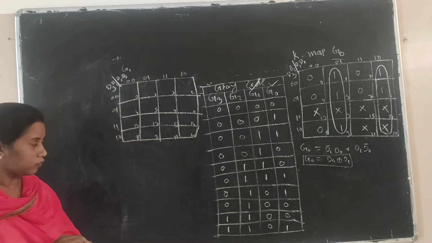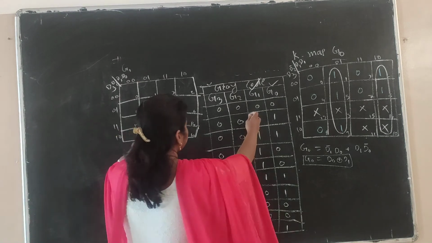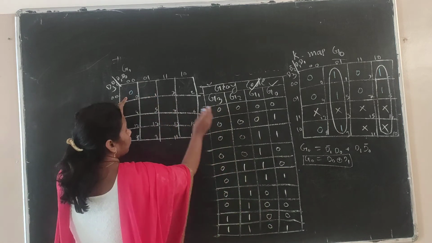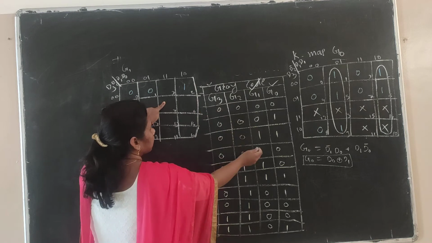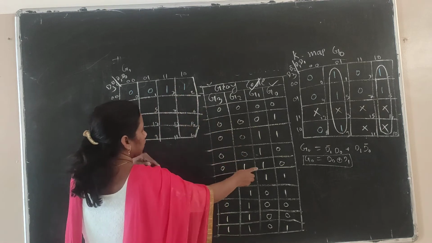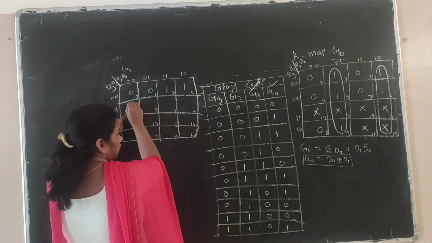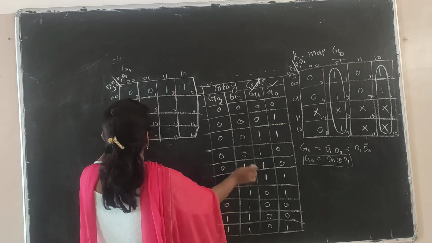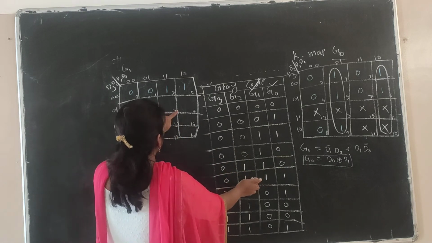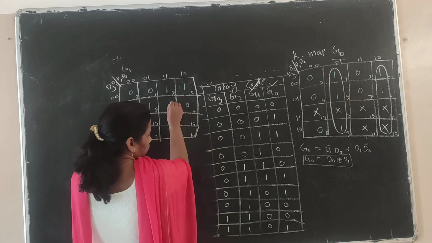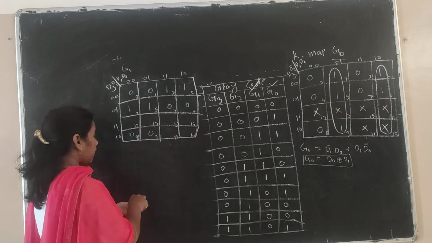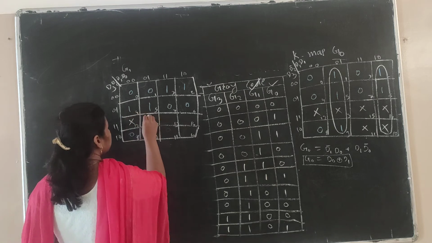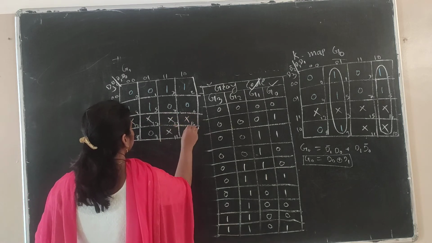Put the values now. For G1 it is 0, again 0, again it is a 1, this is the 1, now 1, next 1, again 0 0 and remaining also 0 0, and the remaining terms we have to take as don't care conditions.